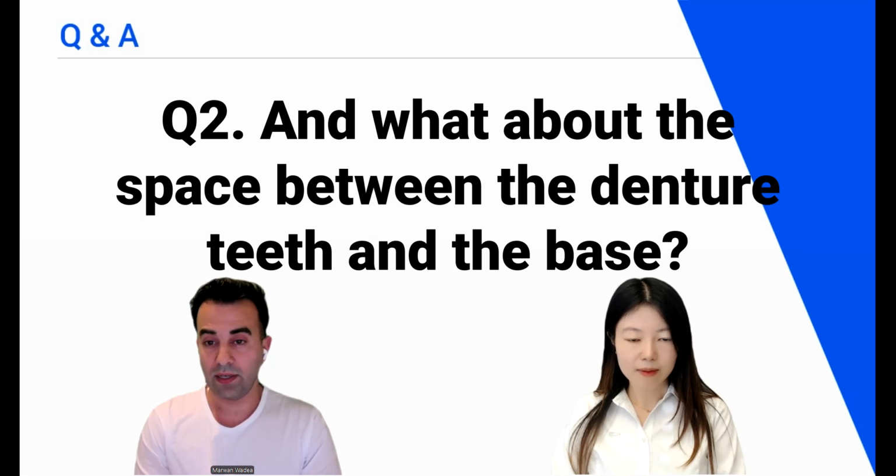And in fact, in cases of immediate denture, we tend to leave more than 0.2, even though I demonstrated 0.2, but it's not a rule to follow. We tend to remove way more than that, 0.5 millimeters and up to 1 millimeter in some cases, because we know there will be quite a bit of swelling after the extractions, and we don't want to apply so much pressure on the wound.